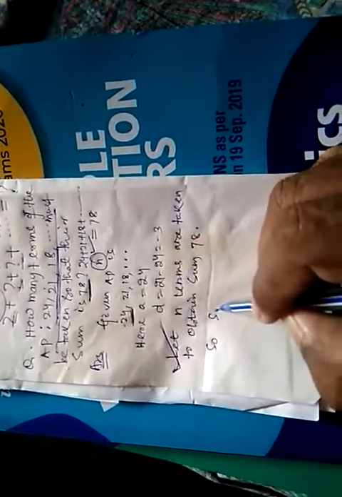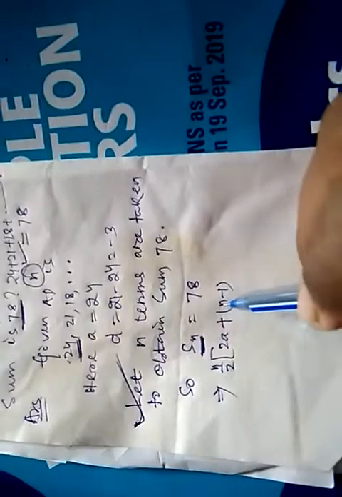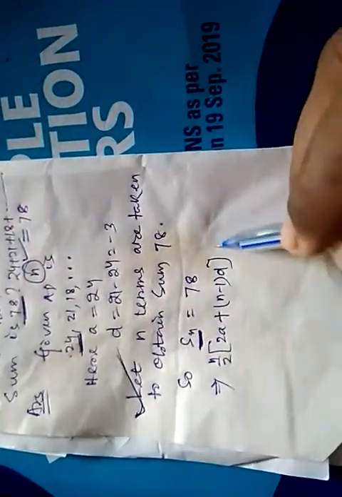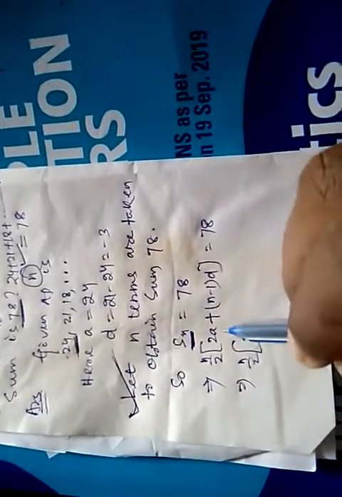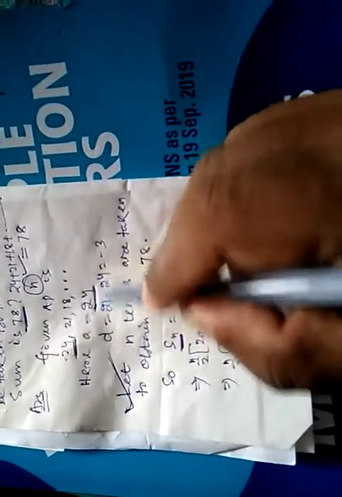So Sn is equal to 78. Clear now? And what is the formula for Sn? n by 2 into 2a plus n minus 1 into d, that is equal to 78. So n by 2 into 2 times a. What is a? a is 24.